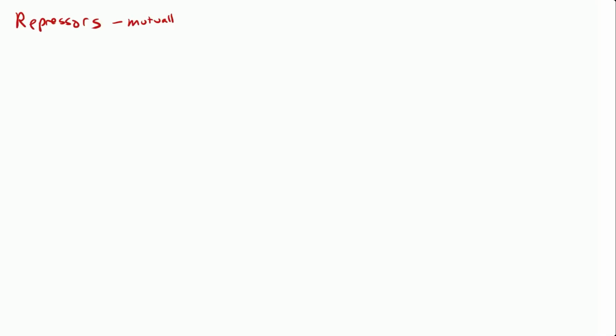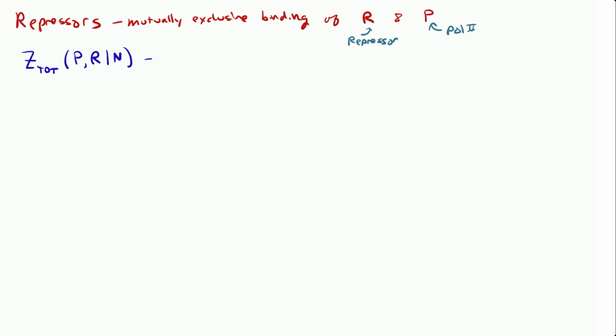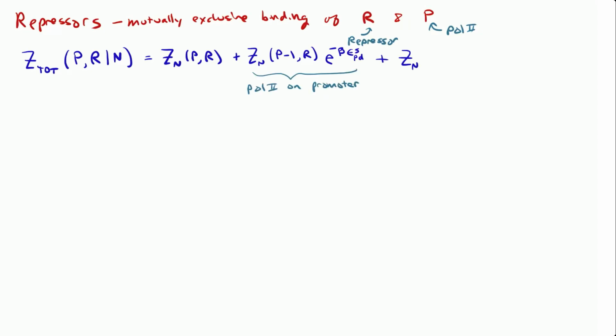Okay, so now we're going to analyze the mutually exclusive binding of repressors R and polymerase P. We're writing out the partition function, which is 3 terms: nothing bound, the Pol II bound, and the repressor bound.